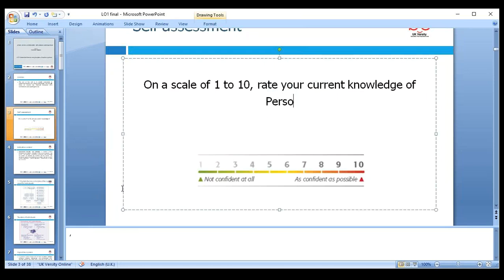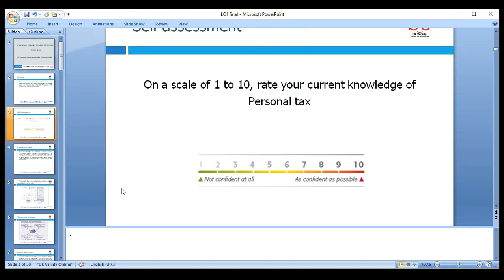What do you think your current knowledge about personal tax is, 1 to 10? When we start any activity, it's always good to reflect, 1 to 10. Where are you up to? Just a scale of 1 to 10. I can say, sir, 8. 8?